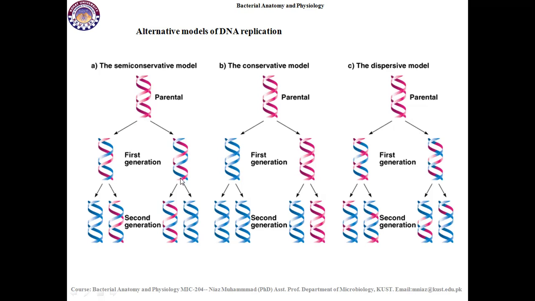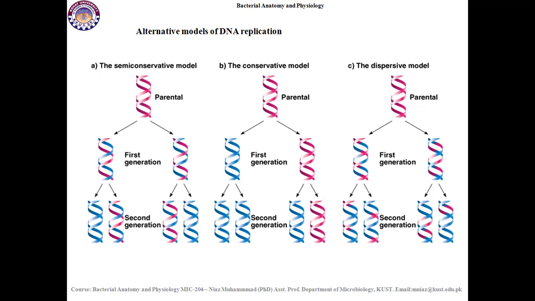This one also works as a parent strand, as a template, and a daughter strand will be synthesized on it. Similarly for this one. So in this type of replication, one strand is from the parent and the daughter strand forms on the parent's material or parent DNA. This is called the semi-conservative model.